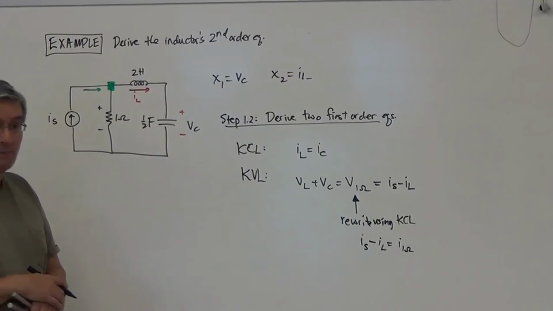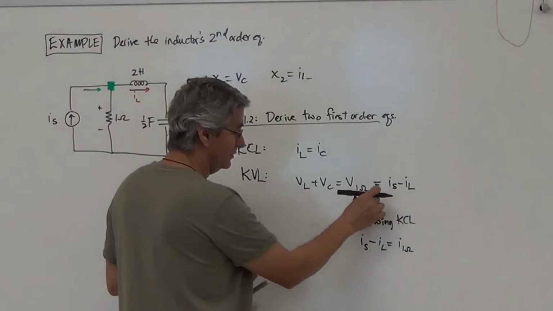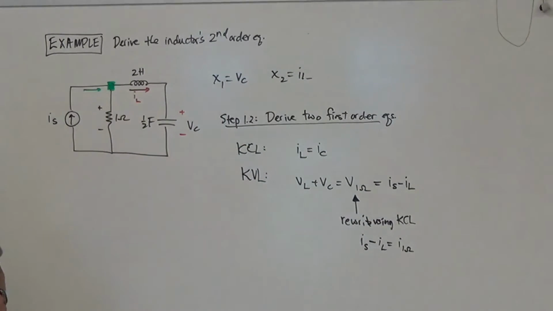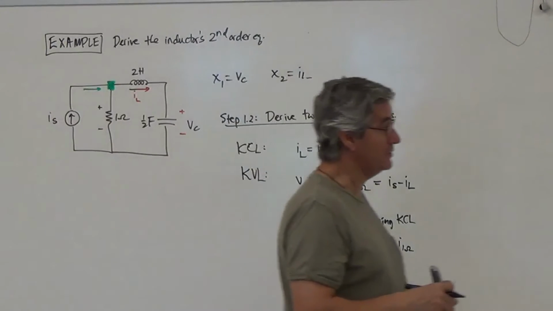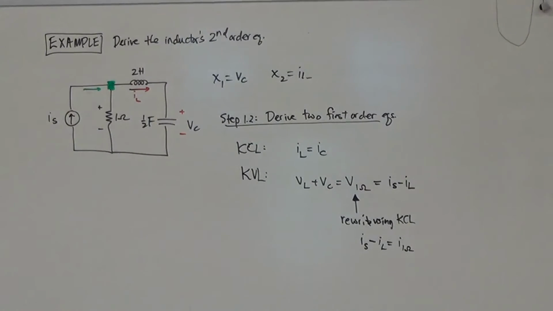So remember, you've got to replace the resistor values using these quantities. So now what I'm going to do is rewrite all of the ICs and all of the VLs in terms of these two, and then identify equations 1 and 2.